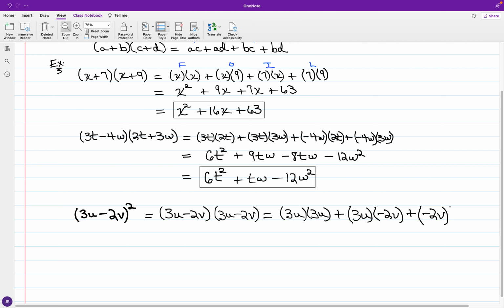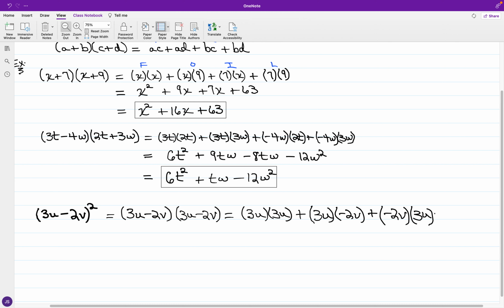And I have plus negative 2v times 3u. And for the last product, notice the second terms from each binomial are negatives, so I have negative 2v times itself.